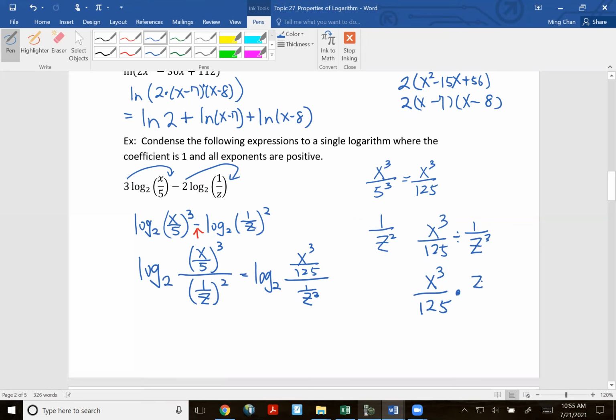That means we will flip the z squared back to the top. So now the final answer is actually log with the base 2 of x to the third z squared over 125. All right, that's how we actually condense it and simplify what we condensed.